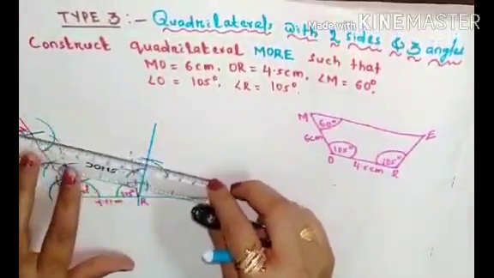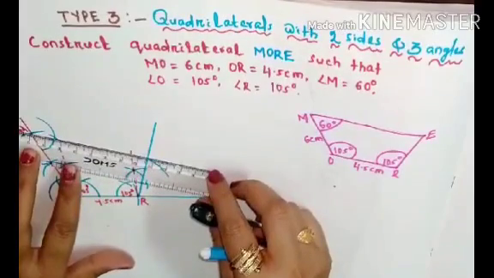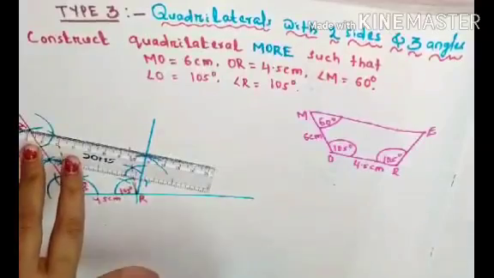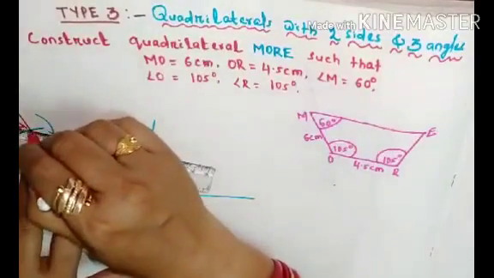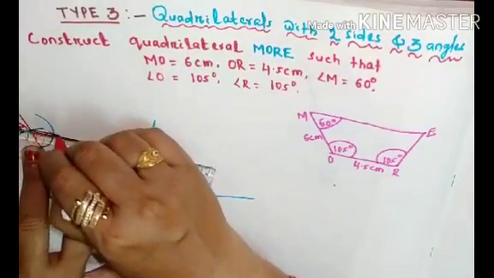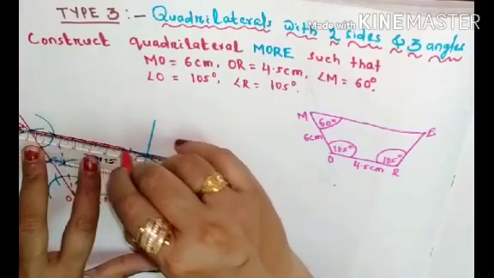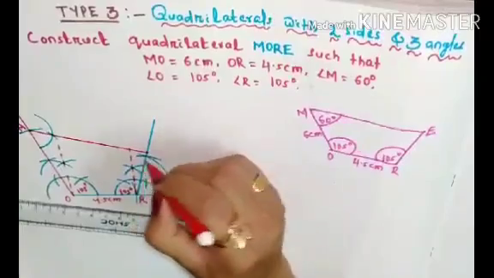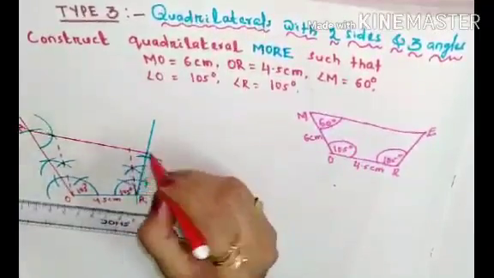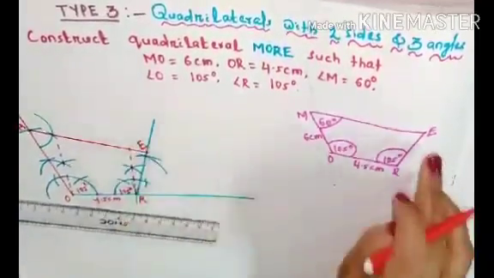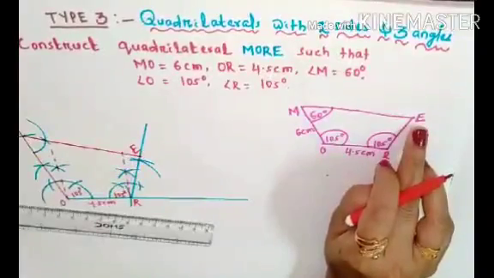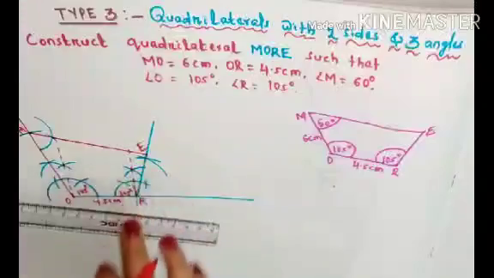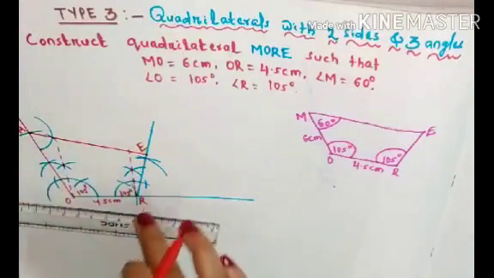So join this line. So this line will meet this line somewhere at this point. So this point is nothing but your point E. Look at your rough diagram. This is your point E. So now I got my point E. Your quadrilateral MORE.